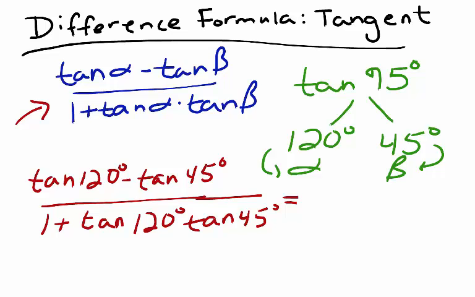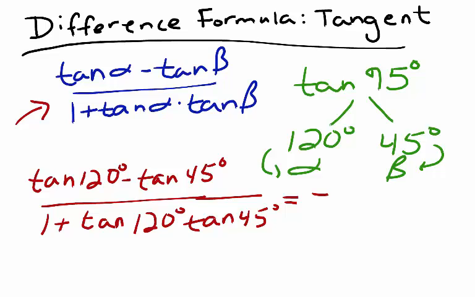By now you should be fairly familiar with finding exact values of trigonometric functions for common angles. So I'll assume that you already know how to find exact values for tangent 120 and tangent 45.